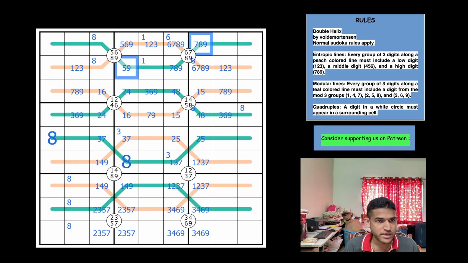Because A, B, C, A, B, C, and A. So every third cell will be from the same set, 1, 2, and 3. So I can't have a 7 in here. If this is a 7, then this should be from the set 1, 4, 7. This is a modular line. So 7 is ruled out here. That's 8 or a 9.